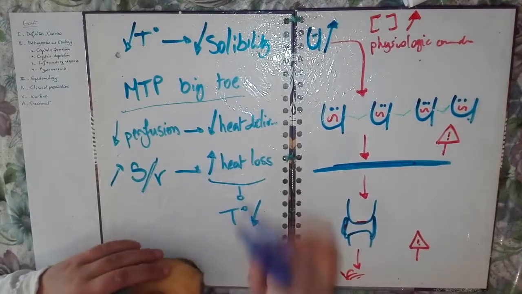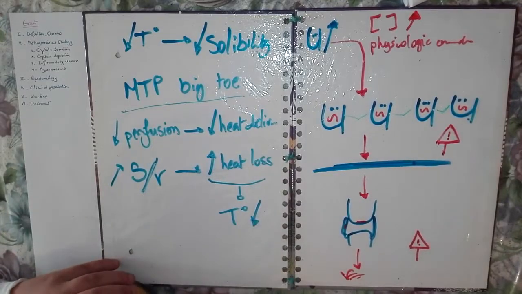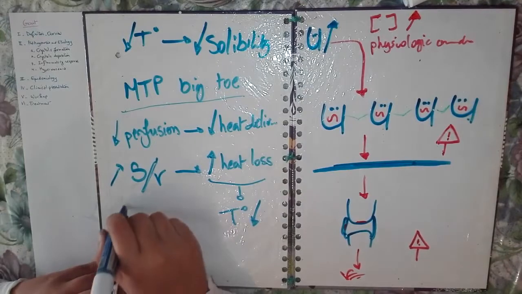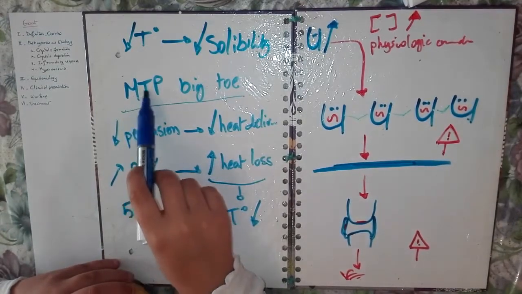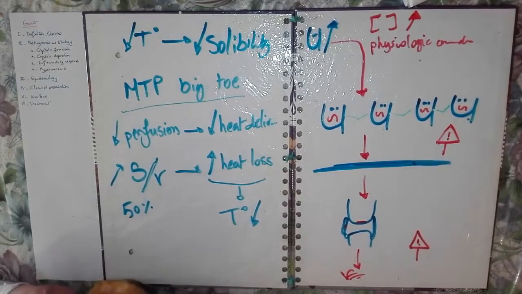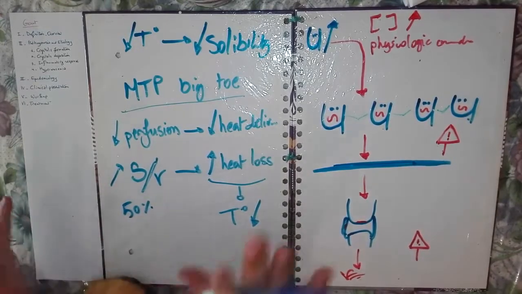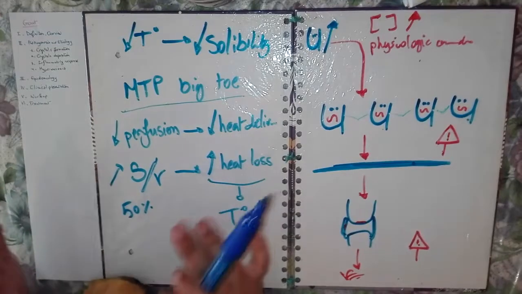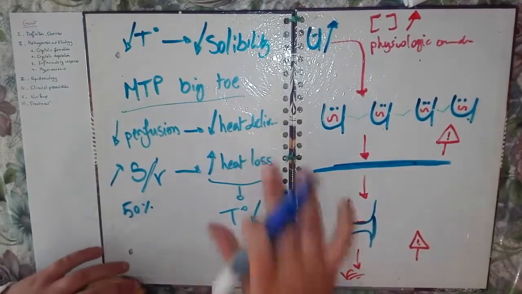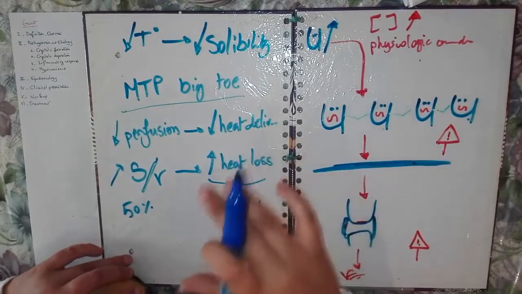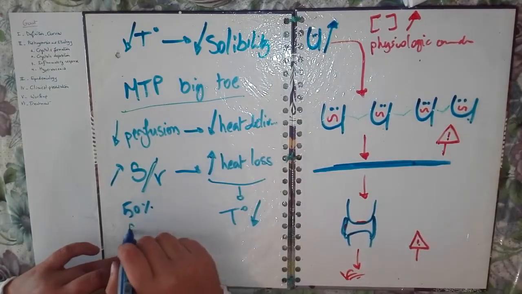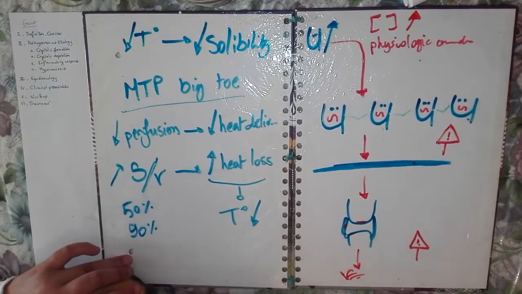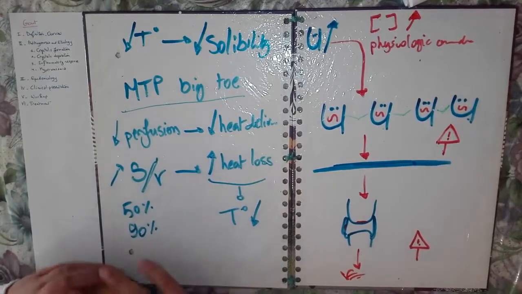arthritis. It is said that in the initial presentation, 50% of patients present with an MTP gouty arthritis, whereas in the whole gouty population, at some time in the disease course, 90% of them will have involvement of the MTP.